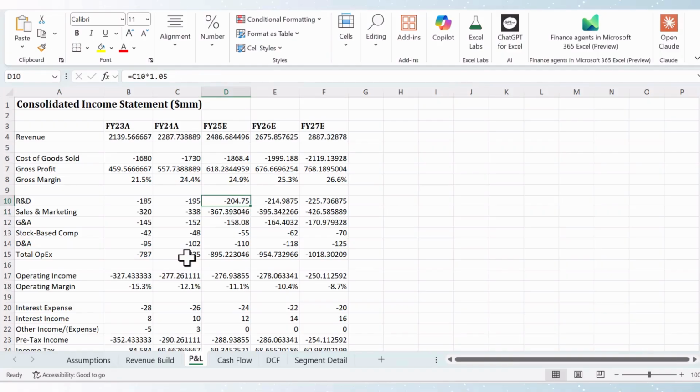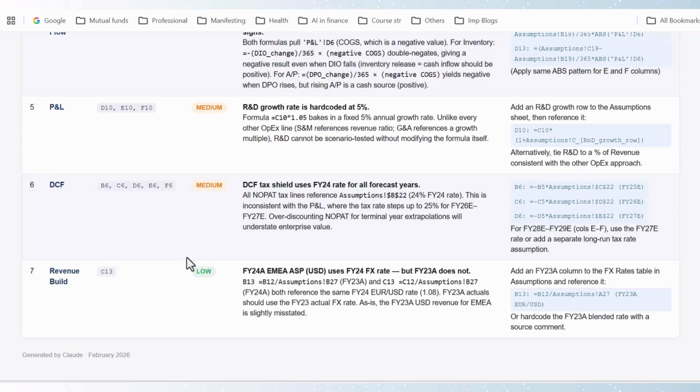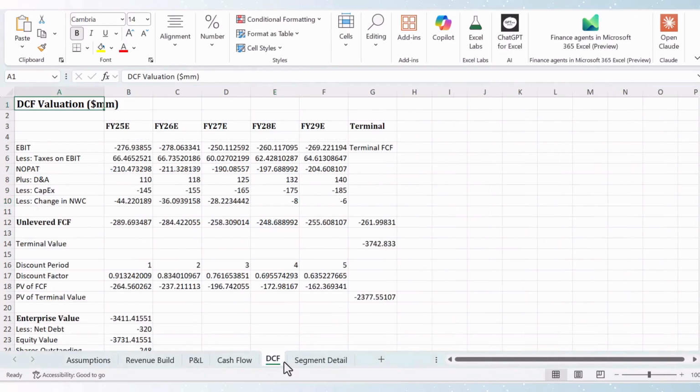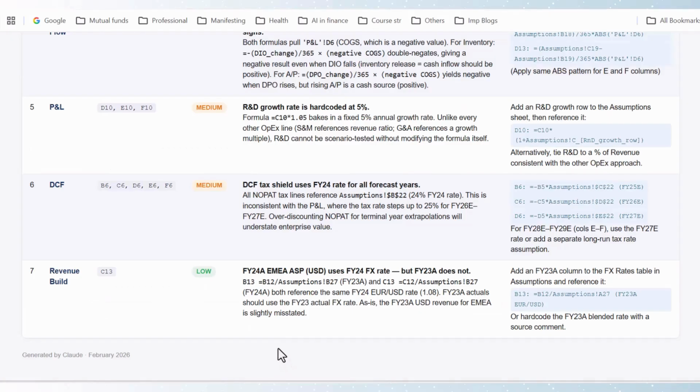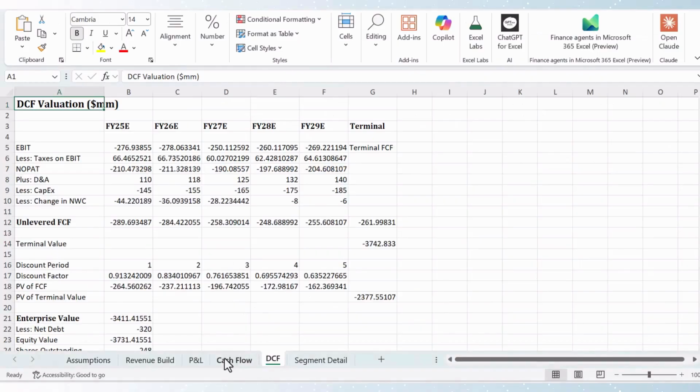So incorporating a scenario could create a problem where we have the growth factored within the cell itself instead of coming from the assumptions tab. It is fair enough.